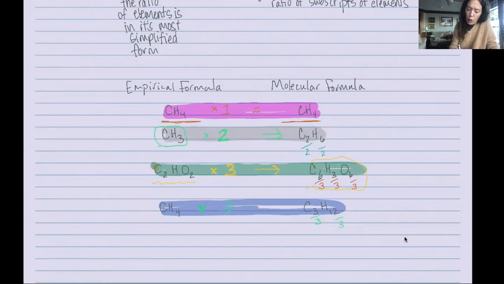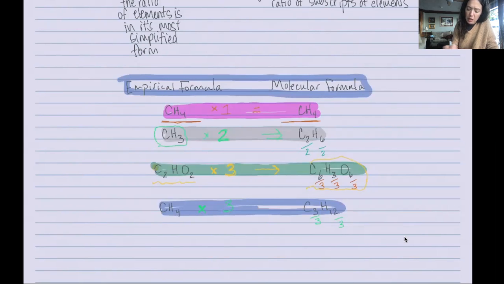So an empirical formula can turn into a molecular formula if we multiply it by a number, okay? That number is equal to the molecular mass, the mass of the molecular formula, divided by the empirical mass, the mass of the empirical formula, okay?